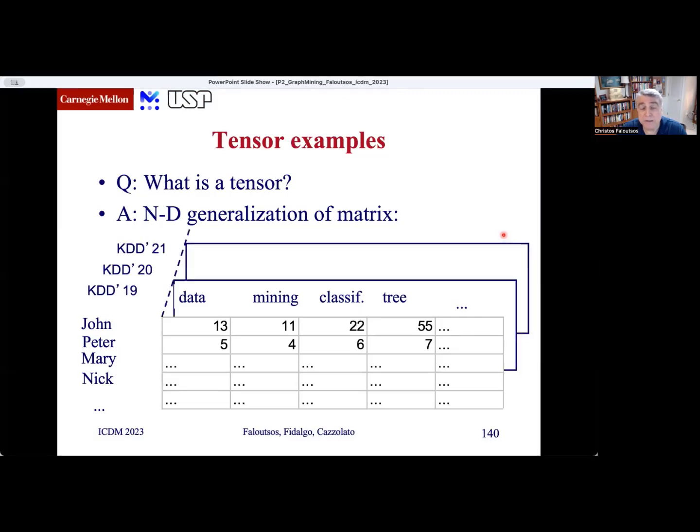What about 20? A similar matrix. 21, another matrix. If we put all these matrices one on top of the other, then this is exactly a tensor. And this is called a three-mode tensor because we have three sides: the researcher, the keyword, and the timestamp.